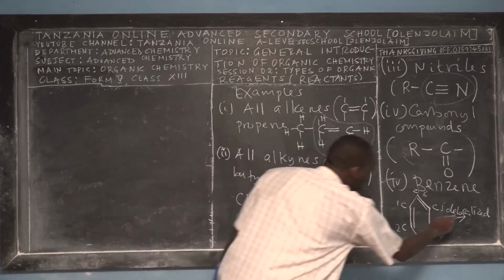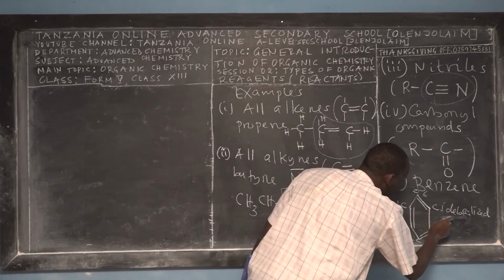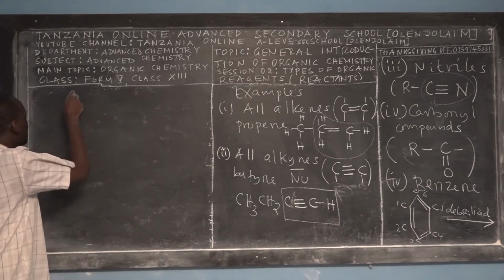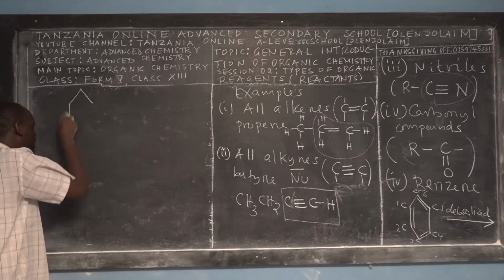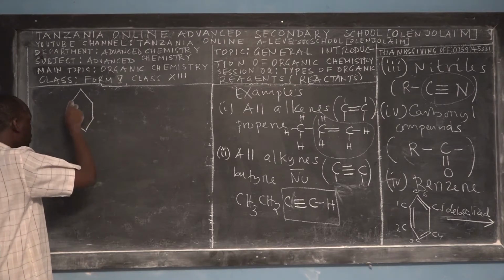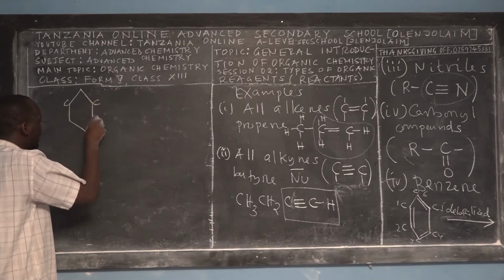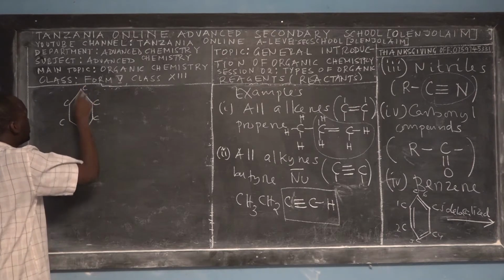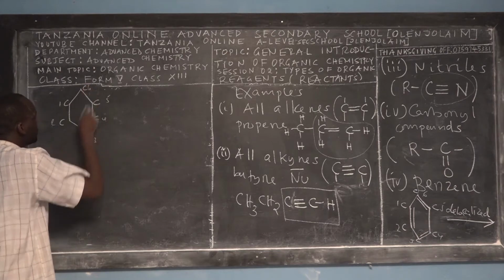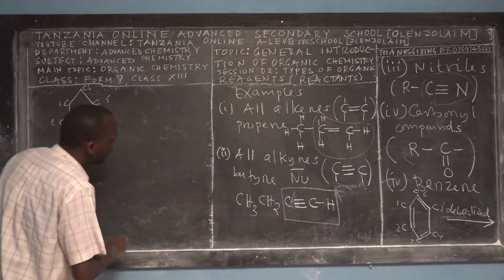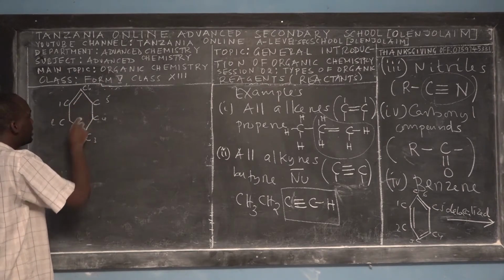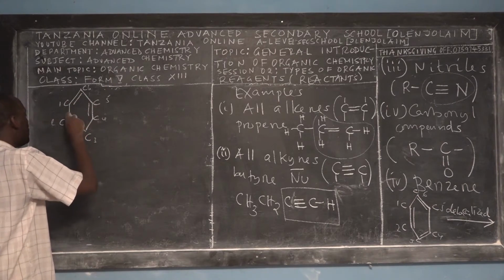So delocalization is taking what? Let us come back to the start. Delocalization of benzene is taking place. So after a fraction of a second, you find that according to the Kekule structure, this is carbon, carbon, carbon, carbon, carbon, carbon. So first, second, third, fourth, 5, 6. You find that now the bond is delocalized, now it is here, the other one is here, the pi bond is here.